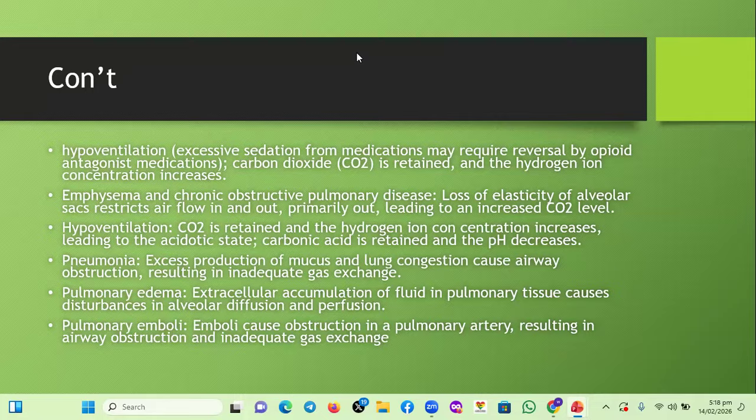Then emphysema and COPD, chronic obstructive pulmonary disease, in the same way, carbon dioxide is retained more. There is loss of elasticity of the alveolar sacs that restricts airflow in and out, and as a result, the person retains more carbon dioxide. Then we have pneumonia, pulmonary edema, and pulmonary emboli.